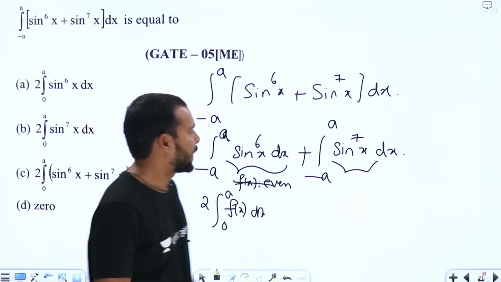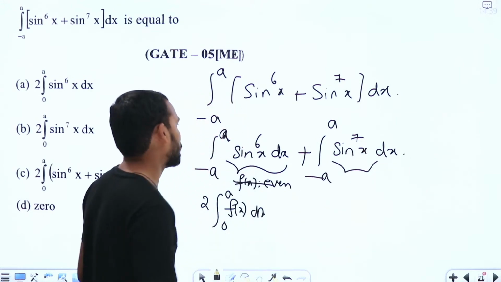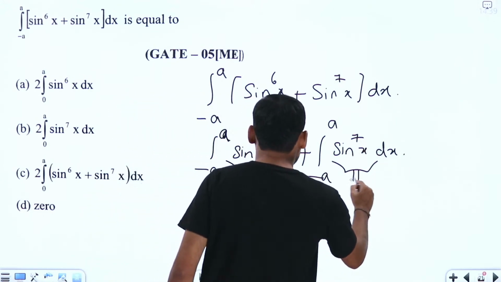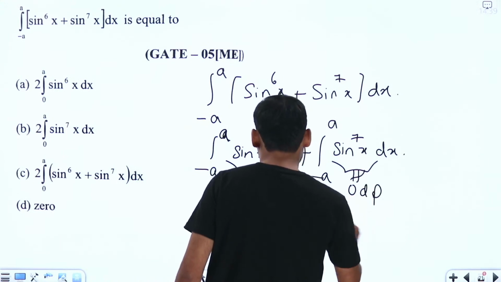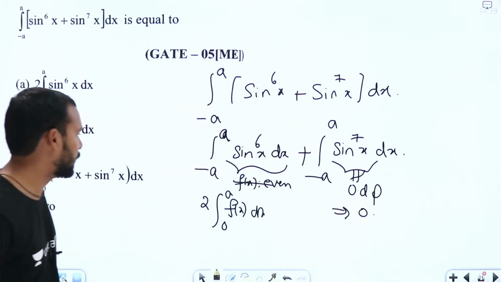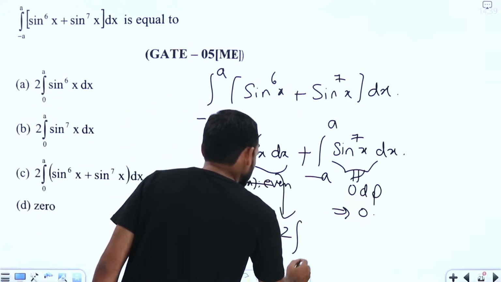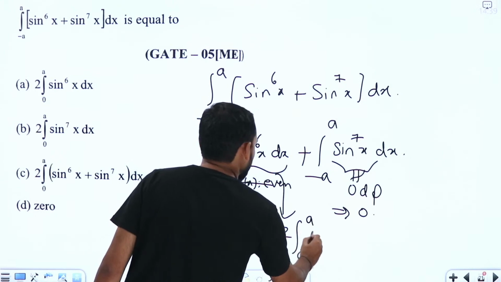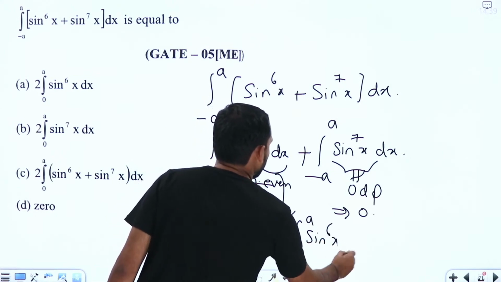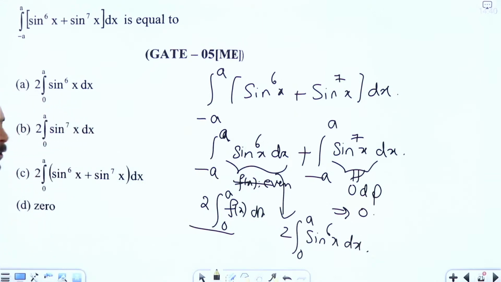See here, sin x is an odd function, and it is having an odd power, so sin^7 x is going to be an odd function only, so we are going to get 0 here. So apply this property and write this in such a way that it is 2 times the integral from 0 to a of sin^6 x dx, right? I hope it is clear.